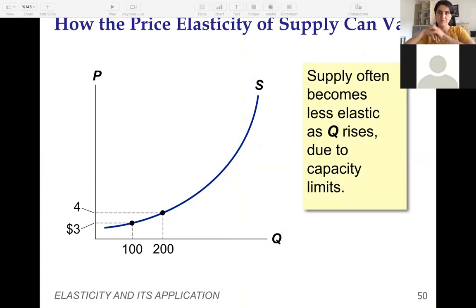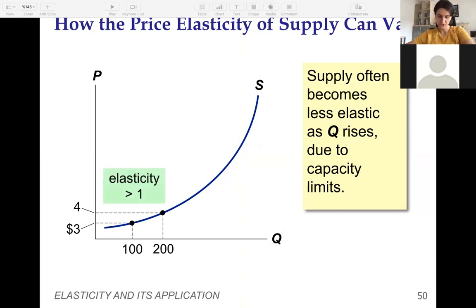So quantity supplied from the initial point to the last point, 200 minus 100, divided by midpoint 150, divided by 4 minus 3 divided by 3.5.